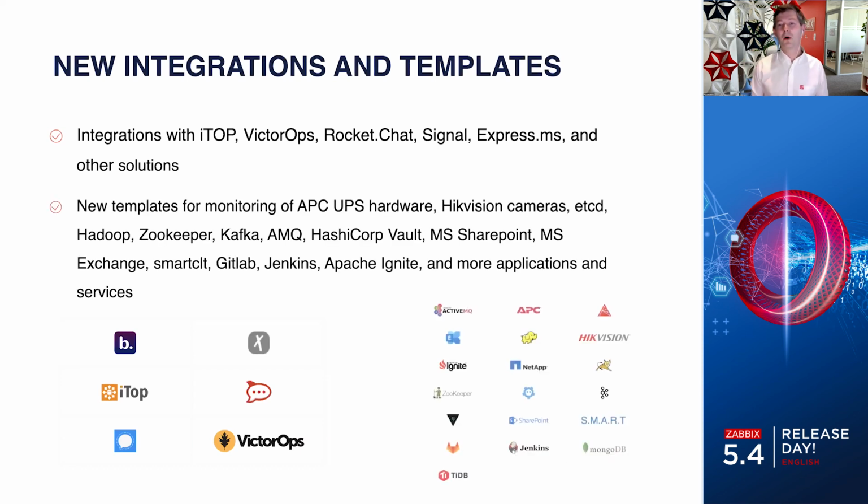We also introduced a new set of official templates for monitoring of APC UPS hardware, Hikvision hardware, etcd, Hadoop, Zookeeper, Kafka MQ, HashiCorp Vault, some Microsoft solutions like SharePoint and Exchange, Smart Control, GitLab, Jenkins, Apache Ignite, and some more applications and services.